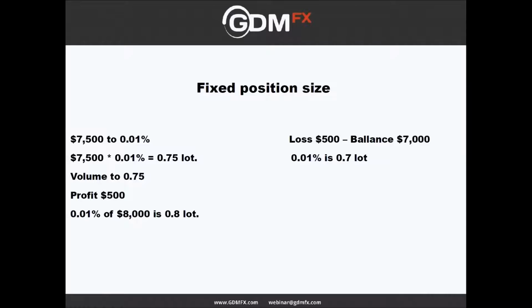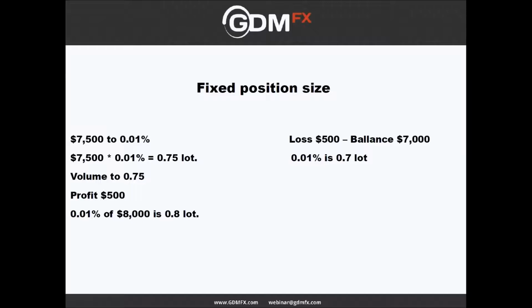And as an example, if the position that you've taken with 0.75 lots makes a profit of 500, don't take these profits as any kind of take profit targets or whatever. It's just a profit so you can calculate further and understand how this particular position sizing works.